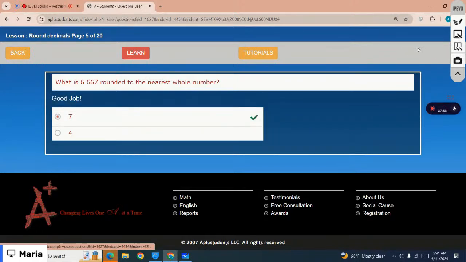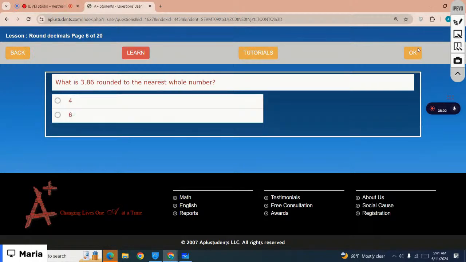The correct option is 7. 3.86 is rounded off to, yes, 4. The correct option is 4.